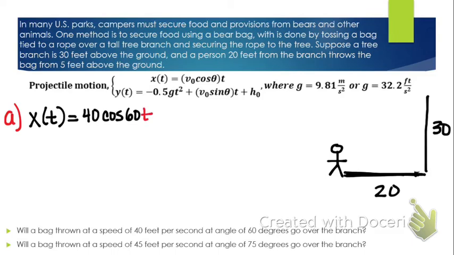And then my second equation, y. So am I using 32.2 or 9.81? 32.2. So I always just take that number and multiply it by negative 0.5, which is negative 16.1.